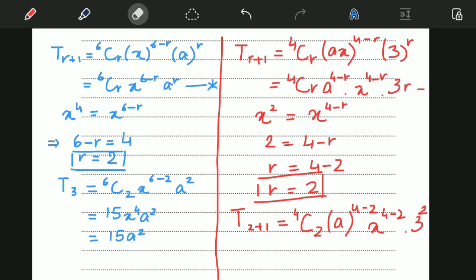Sorry, I have written 3r over here instead of 3 power r. Also, just write this a bit clearer. Okay, that's it.